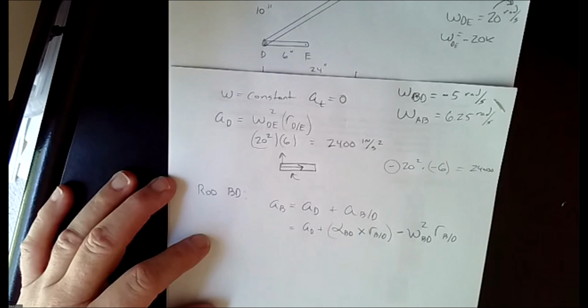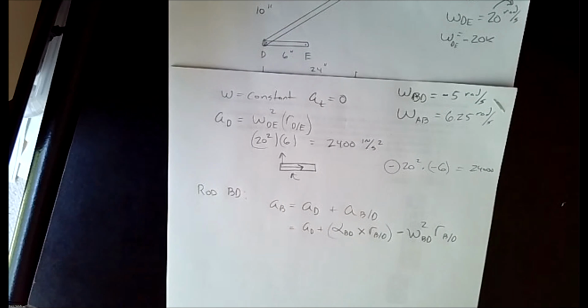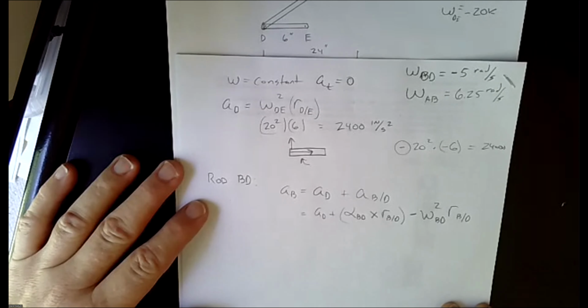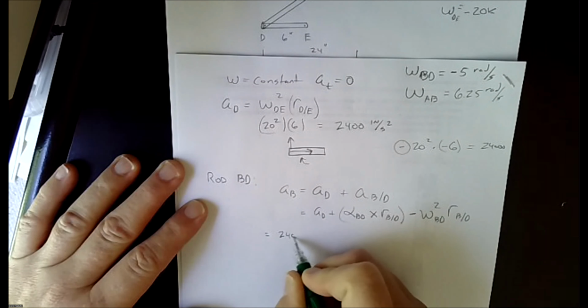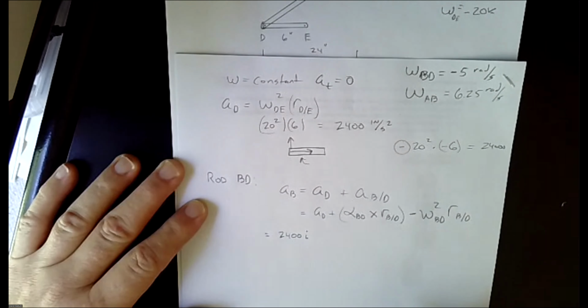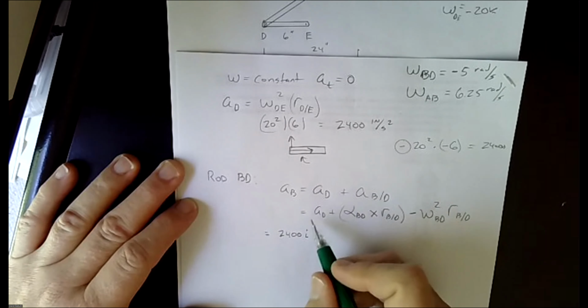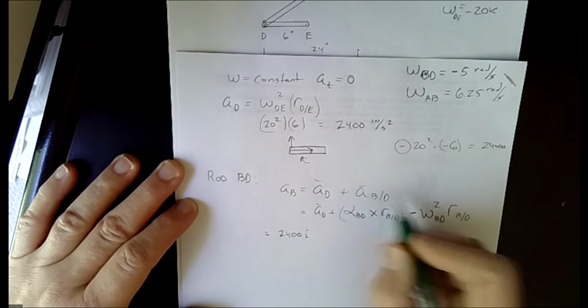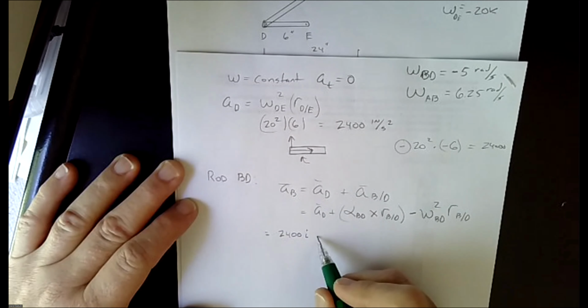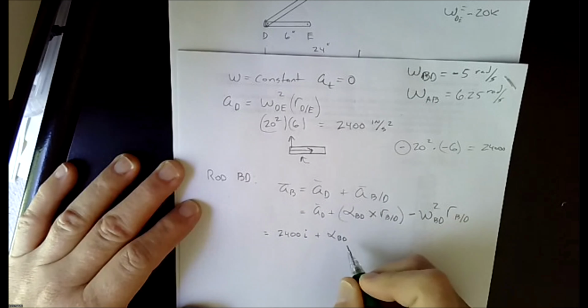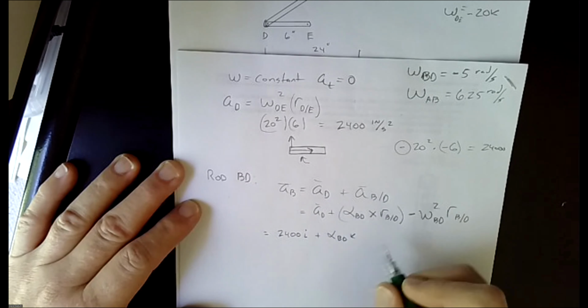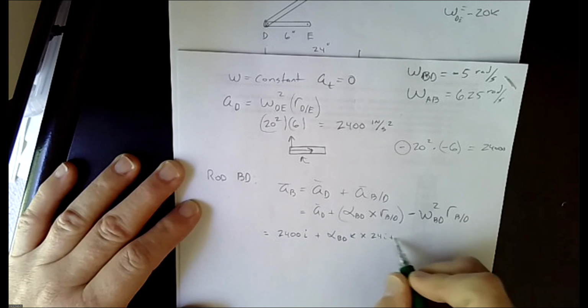We'll go ahead and put in our other values. If we were to write this out, what would this equal? It'd equal 2400 I, and it's positive because it's going to the right. That's my AD, right? Again, all vectors. And then we have plus alpha BD in the K direction, crossed with 24I plus 10J.